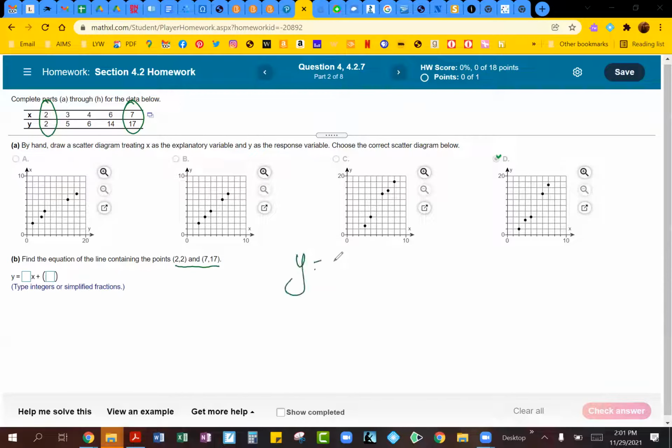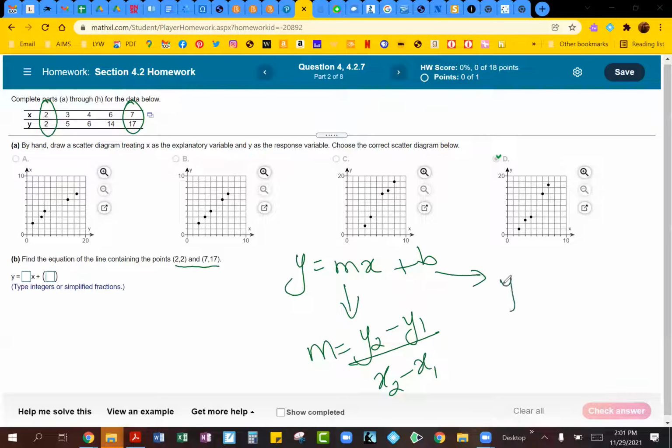This equation is going to be in the form of y equals mx plus b. They're asking you to find the slope. Remember, your slope formula is rise over run, so that's y2 minus y1 divided by x2 minus x1. And remember, your y-intercept is that other value, the b value you're looking for.